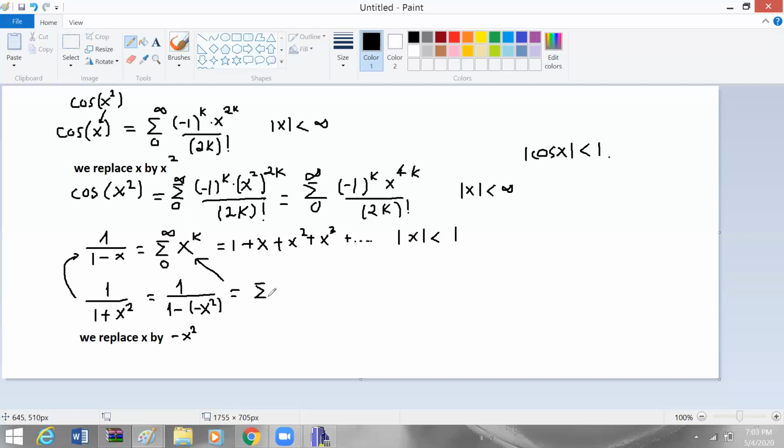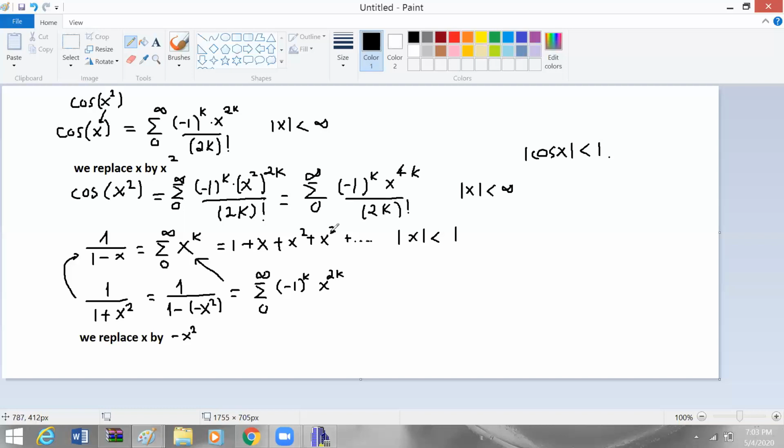So meaning that we have to keep the negative 1, raised to the k power, which gives an alternating series from 0 to infinity as well. And then I replace x by negative x squared, so we get rid of the negative term. I change that to negative 1 to the k power, and then we also have x to the 2k. Okay, so that's pretty much this.